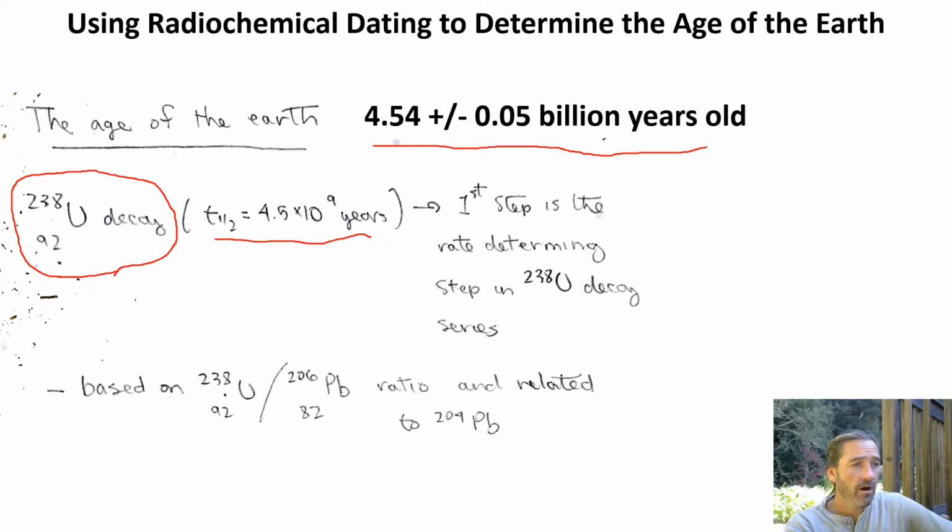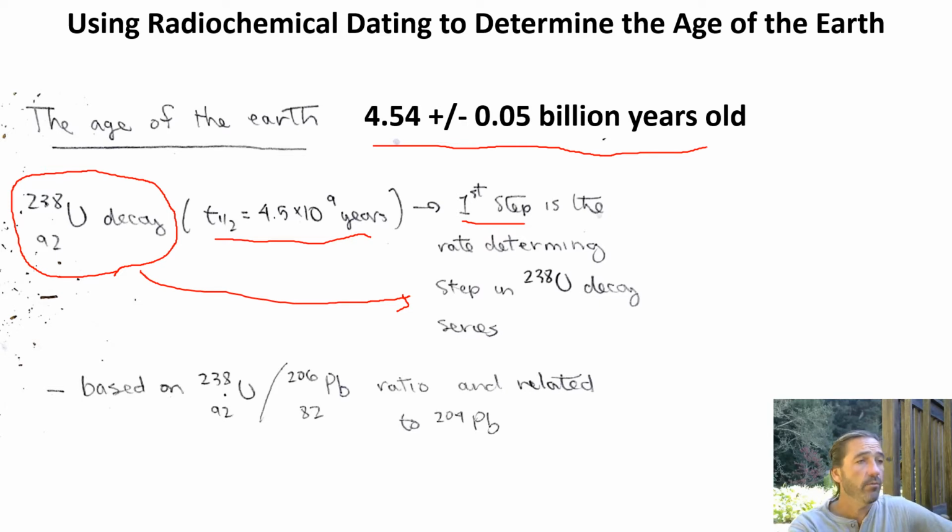And so we also know that the decay of uranium-238 is a series. There's multiple steps along the way, but we know that the first step, the slow step, is the rate determining step.